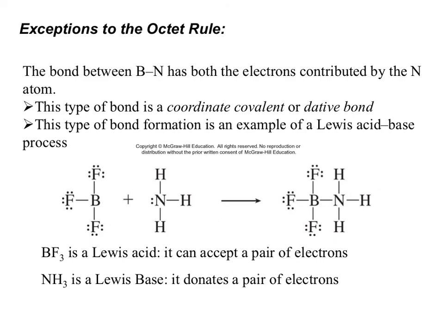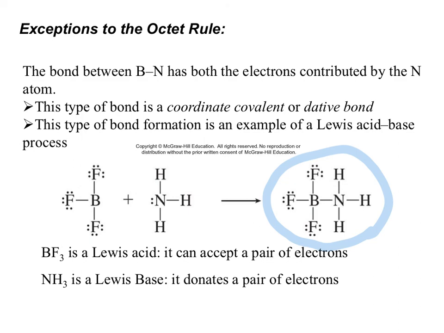Another exception to the octet rule is found with Lewis acids and Lewis bases. So let's look at this example here. So the bond between boron and nitrogen has both the electrons contributed by the nitrogen atom. This type of bond is a coordinate covalent bond or a dative bond. This type of bond formation is an example of a Lewis acid-base process.